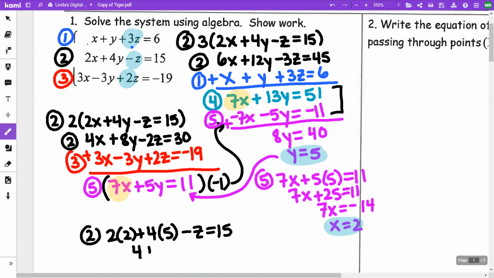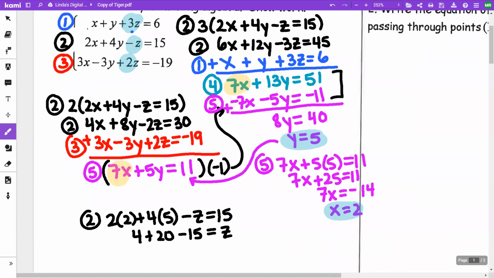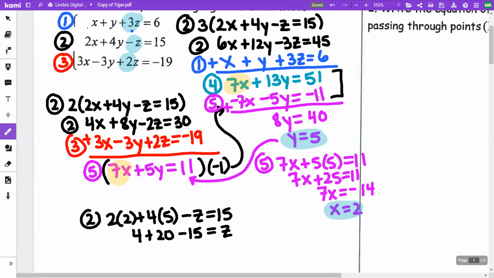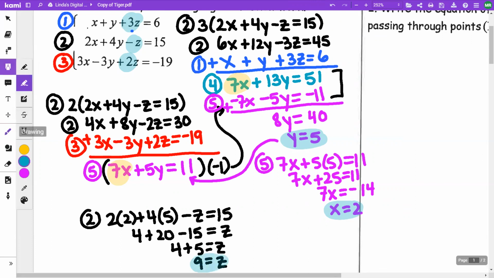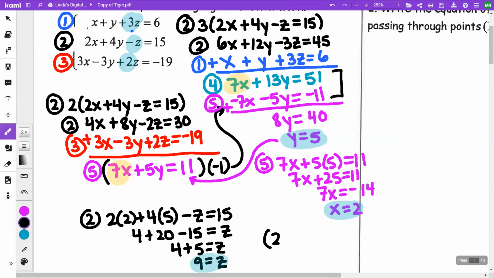So I'm going to have negative 4 plus 20. I'm going to minus my 15 and take my z to the other side. So I am going to get basically 4 plus 5. So my z is going to be 9. So my point of intersection, my solution, is going to be negative 2, 5, 9.